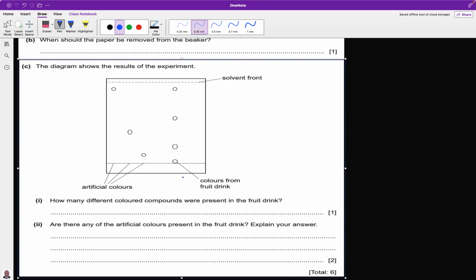In the fruit drink, we have 1, 2, 3, and 4. Those are the ones going up. Now, these are artificial colors. From the artificial colors, there is one artificial color that is present in the fruit drink. This is it here.